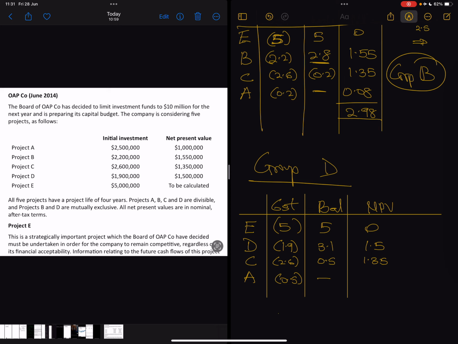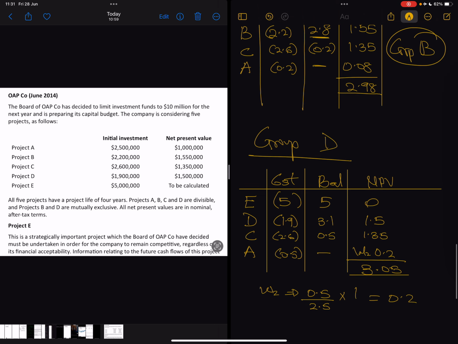Then this will be, let me say working 2, and working 2 is saying that we're going to spend 0.5 on 2.5 worth of projects and we'll get the proportion of that NPV. And that will be 0.5 divided by 2.5, which is 0.2. So we'll get 0.2 additional NPV. The total NPV we'll get now be 0.2 plus 1.35 plus 1.5. And that gives NPV of 3.05.